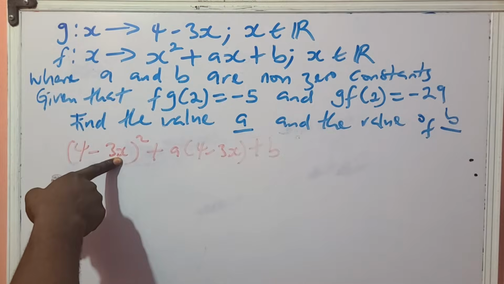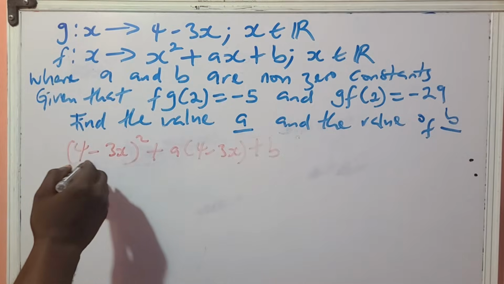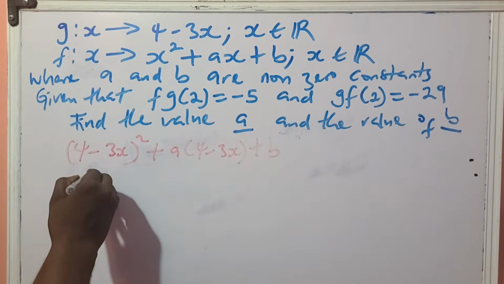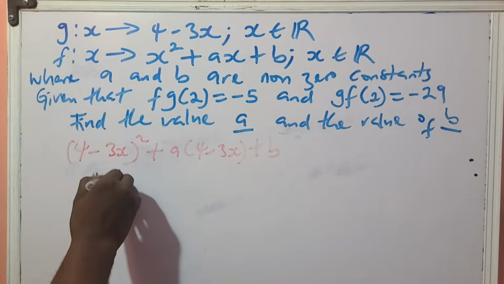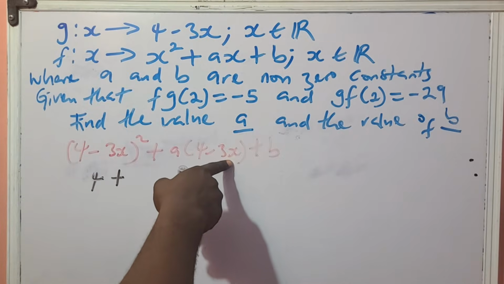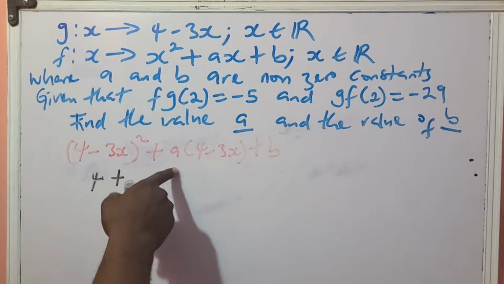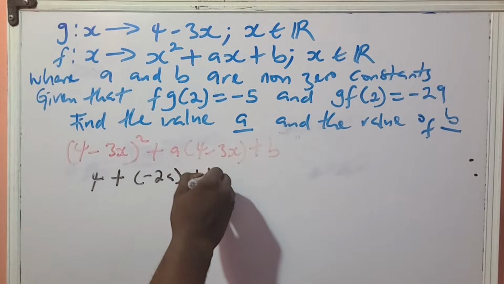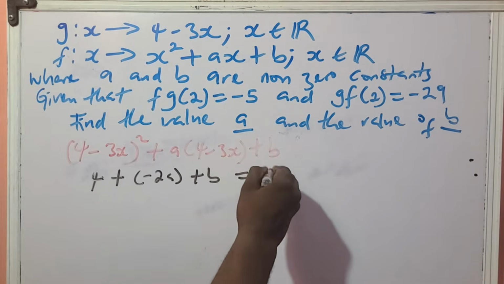So this will be 4 minus 6, that will be minus 2 squared. That will be 4. 4 plus a times 4 minus 3 times 2, that will be 6. 4 minus 6, that will be minus 2, that will be minus 2a plus b, and we're told this was equal to minus 5.